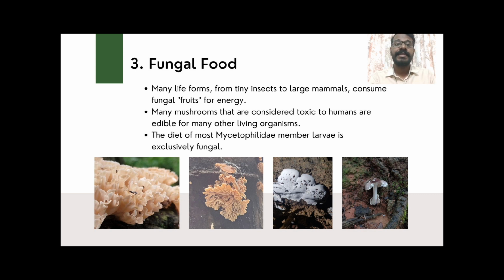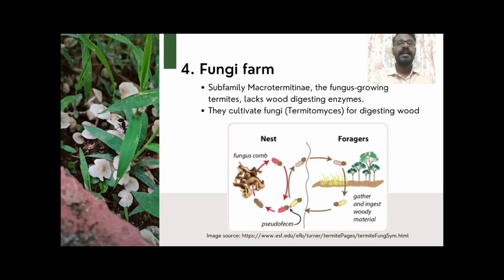Insect larvae, like that of Mycetophilidae family members, consume mushroom fruit bodies, mycelium, etc. They are commonly called fungus gnats. Another relationship with insects and mushrooms is observed in termites. Termites belonging to the subfamily Macrotermitinae, the fungus growing termites, lack the ability to digest wood.